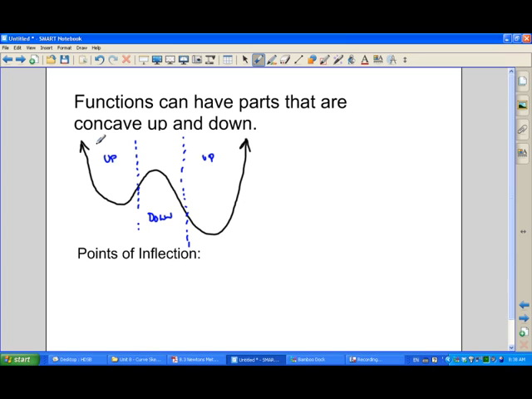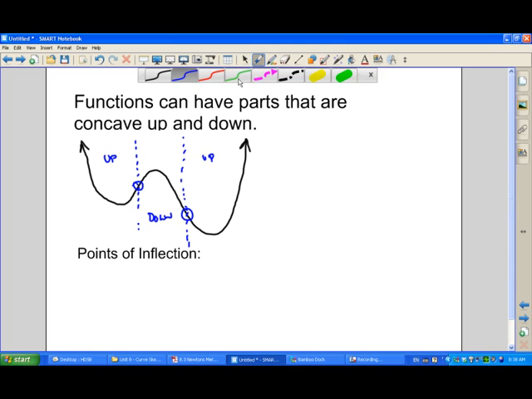Looking at this function, it looks like I have two parts that are concave up and one part that's concave down. And there's points somewhere around here and here where the function stops being concave up and starts being concave down, or stops being concave down and starts being concave up.